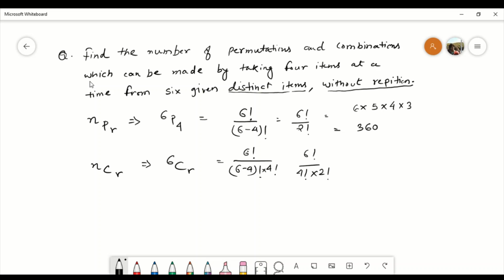So 6 factorial by 4 factorial will be equal to 6 into 5 divided by 2 into 1, which is 15, right? So this is a very simple question in which we are just asked to calculate the number of permutations and combinations, and we are also given specifically that we have distinct items, and we don't have to repeat the items in a particular arrangement or selection.